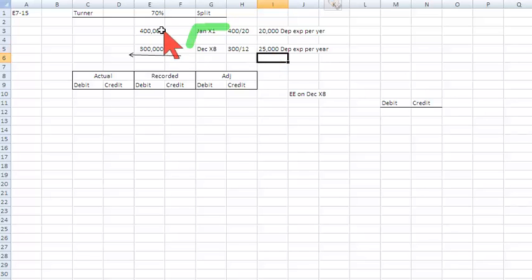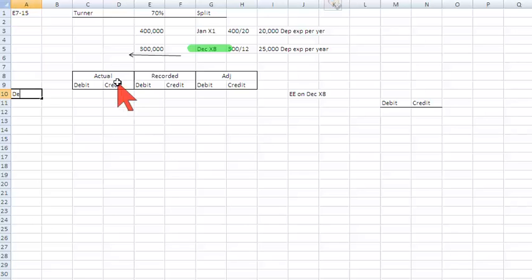Okay, now we can fill out an actual and a recorded amount here. Let's start with December X8. What does the question ask? The question asks for the elimination entry on December X9.